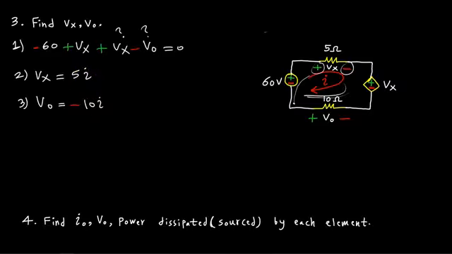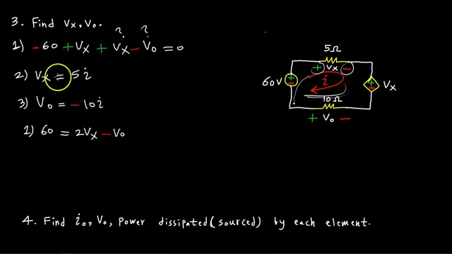So let's go ahead and solve this nicely. For the first equation, I'm just going to simplify things and take 60 to the other side. It's going to be a plus 60. That is equal to, there's 2 Vx's, so that's 2 Vx minus V0. And that's that relationship.